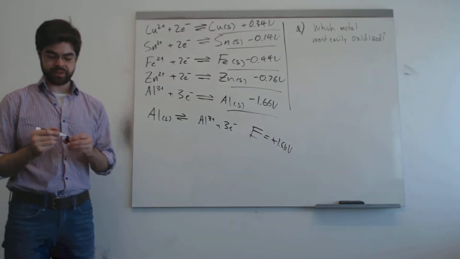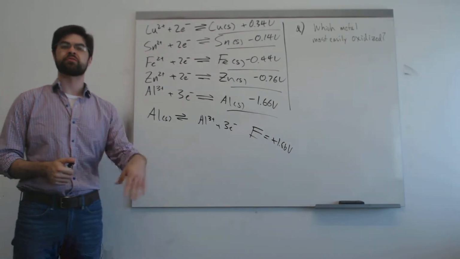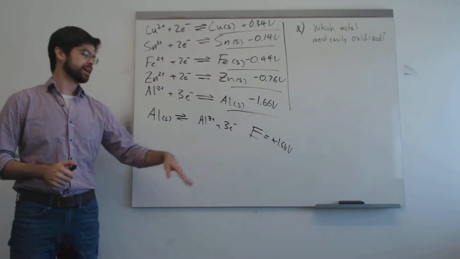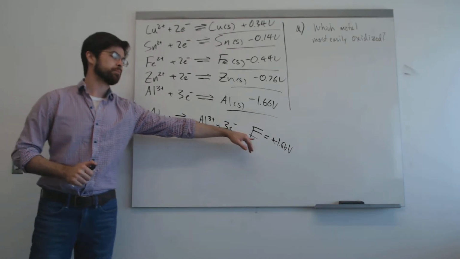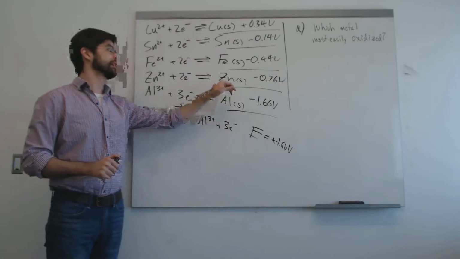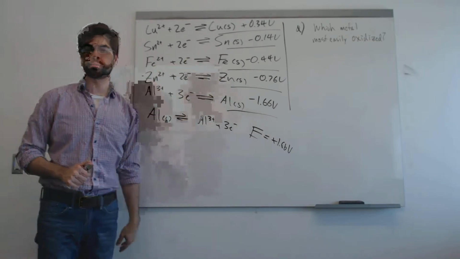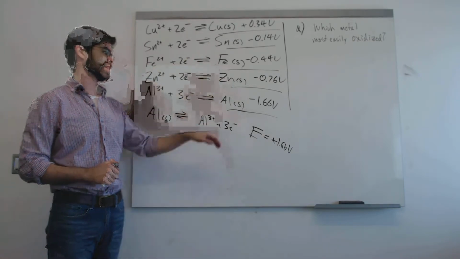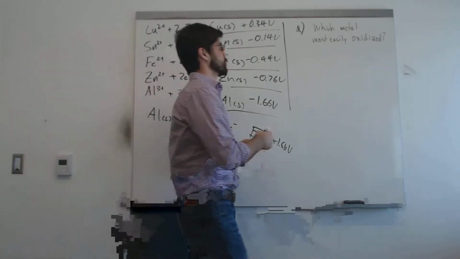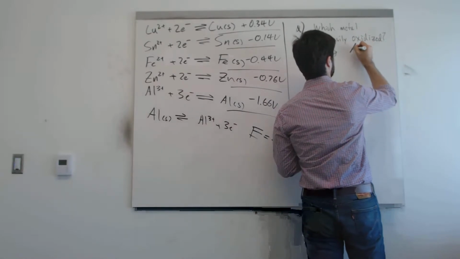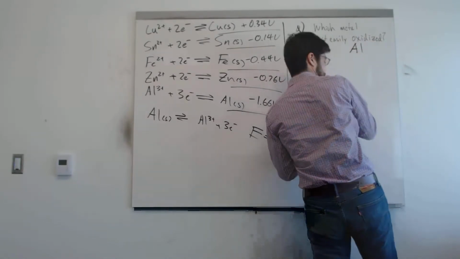And again, we're going to think of a positive cell potential as being favorable, or as being spontaneous. So this one is going to have the largest positive value if you write them all reversed. If you write them all as oxidation processes, then aluminum is the one that is the most easily oxidized. So for this, we'll choose aluminum. So there's that.